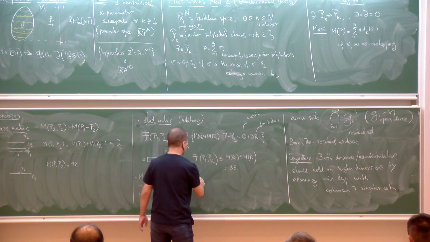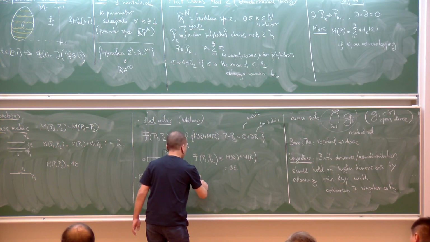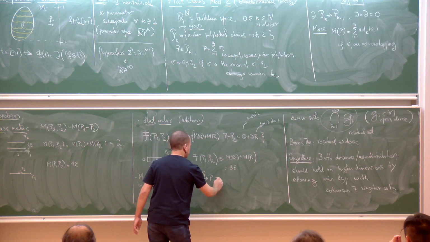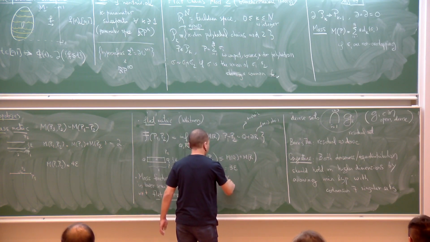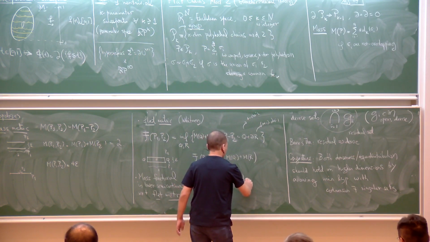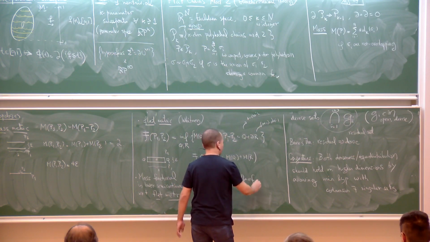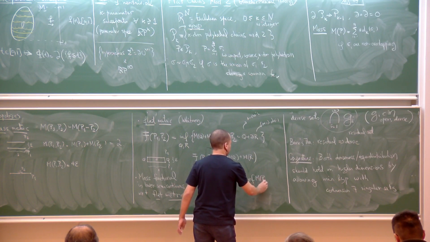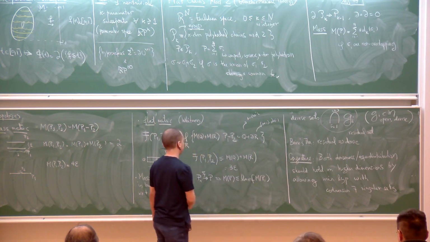So what it means is that if you have a sequence of polyhedral chains P_i that converge in the flat metric to P, then the mass of P is going to be less than or equal to the lim inf of the masses of P_i. But it doesn't have to be equal.